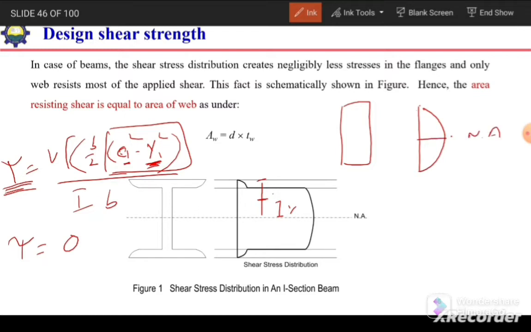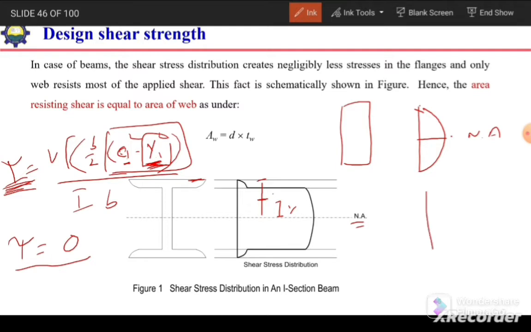When we substitute y1 equal to 0, we get the maximum value of stress. At the extreme fiber, c and y1 are the same, so this factor is 0 and the stress is equal to 0. This is opposite to the flexural stresses.